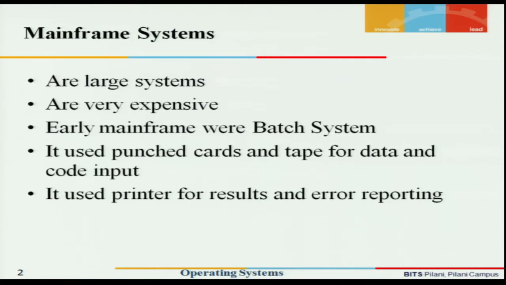For its input and output operation, these systems used punch cards. These punch cards were known as Hollerith cards, and it used tape for data, punch card and tape for data and code input, and for results it mostly used a printer for results and error reporting.